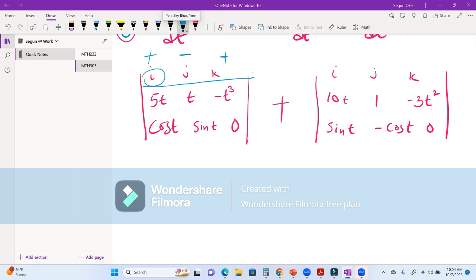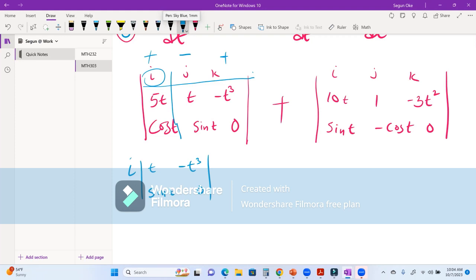Let's say I pick my i first. The row and the column that i belongs to will be crossed out. It will remain t, minus t cubed, sin t, 0.